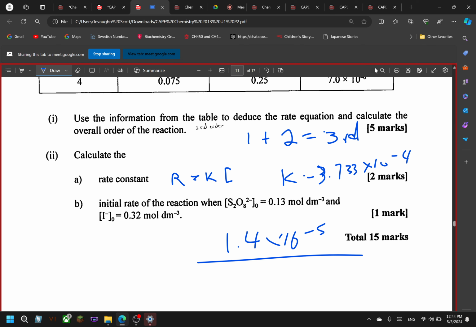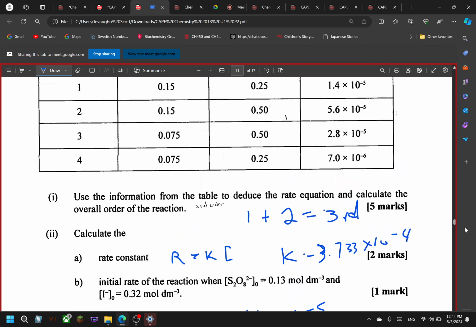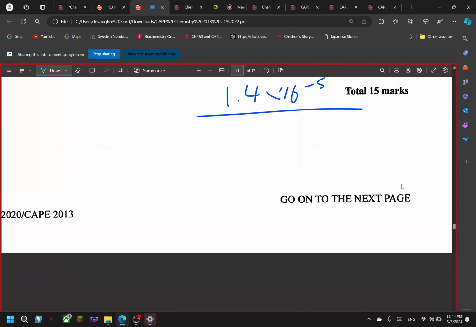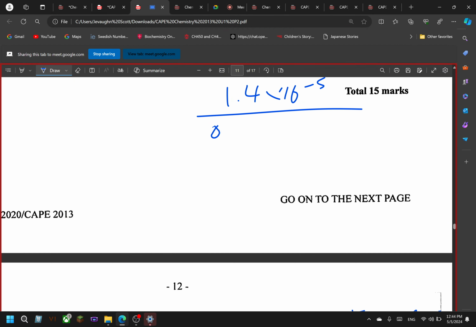It should be 0.15, right? Should be 0.15 times 0.25 squared, right? And you should get that value, right?